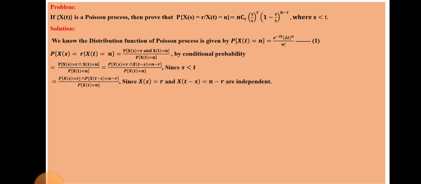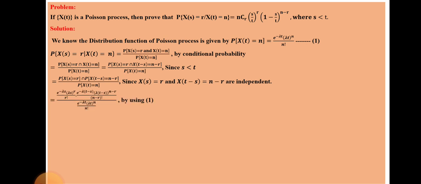Then the probability of X(s) equal to r intersection X(t−s) equal to n−r. Both are independent, because this is s, this is the remaining part t−s. So this is r, that is n−r, the remaining part, divided by the probability of X(t) equal to n.